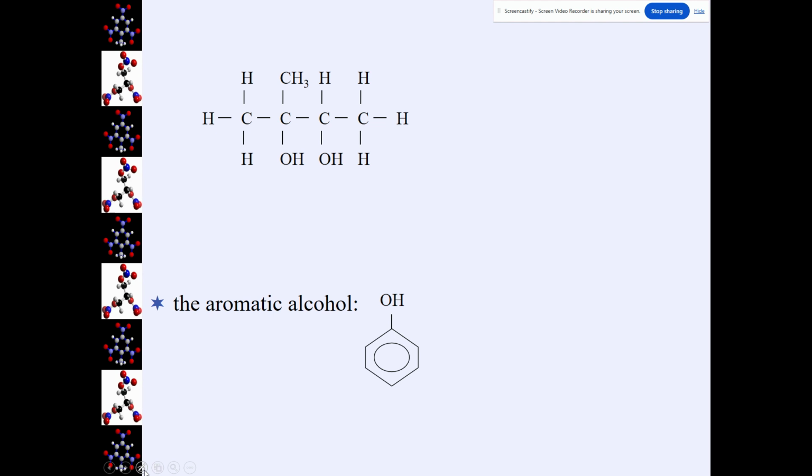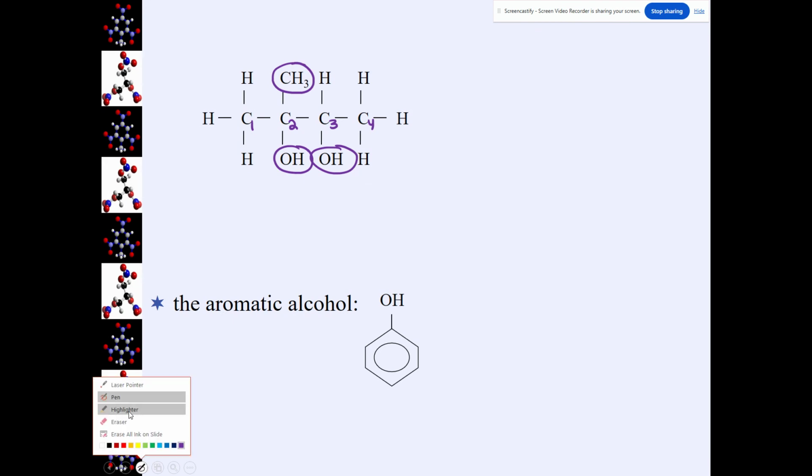I'm getting into an alcohol that has more than one OH. Okay? So that's my parent longest chain that contains the OH on those carbons. There's also a methyl branch. I'm going to number it in this direction because either direction I number, my OHs are on 2 and 3, but when I number it this way, my methyl branch is on carbon 2.